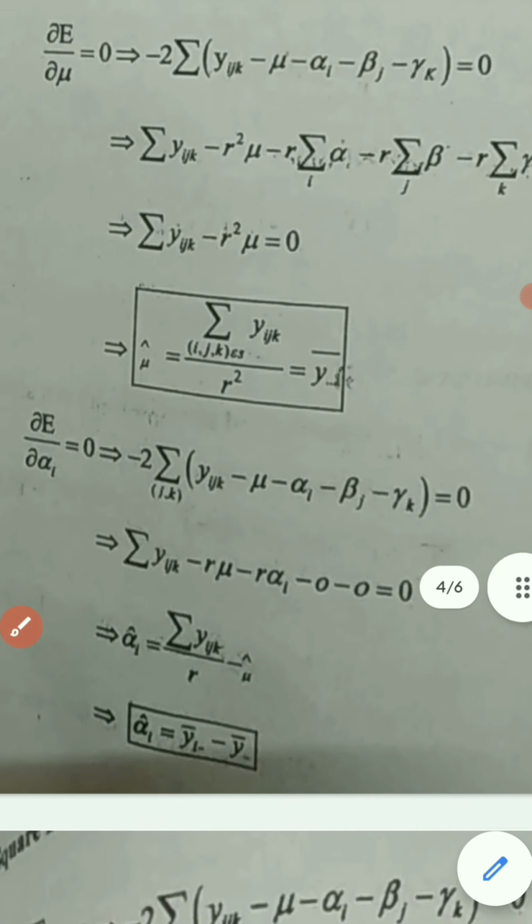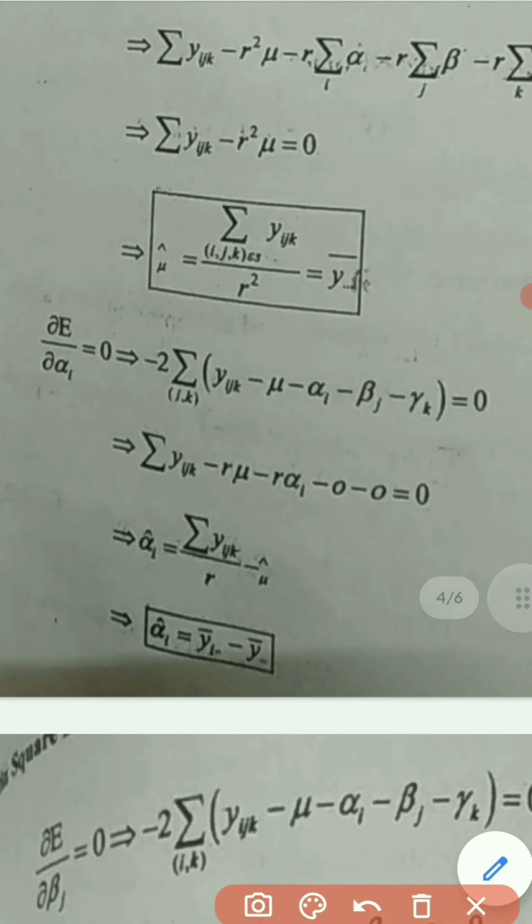Then, students, we will just do dou e by dou alpha, then dou e by dou beta, then dou e by dou gamma. If you are doing dou e by dou alpha, it will look like this. And always, students, if you are differentiating with alpha i, it will be summation of j and k.